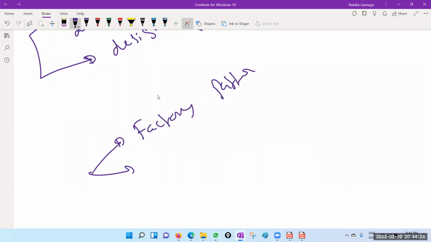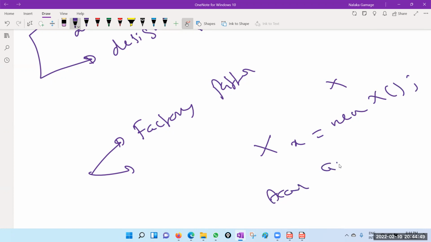We frequently have to create objects, to get an instance of a class. Of course, if you have a class called X, we can create an object of X like X = new X. Say if you have Account, you can say Account A1 = new Account.